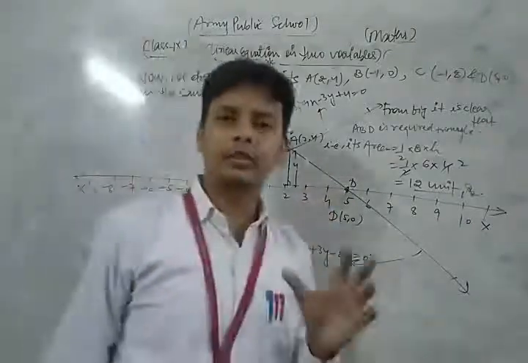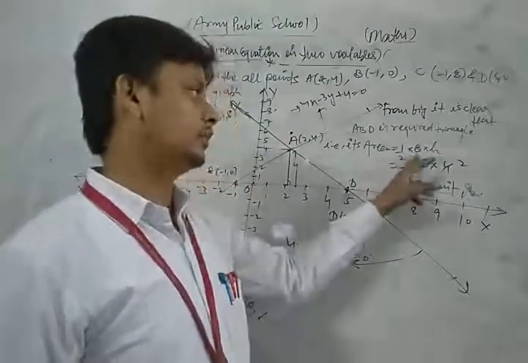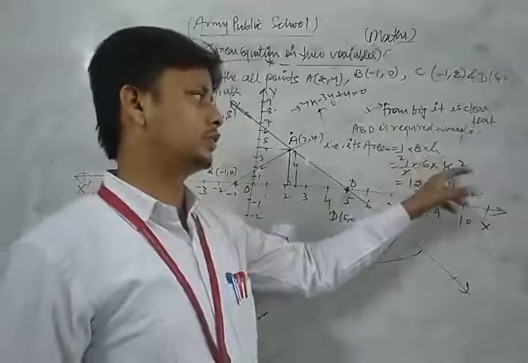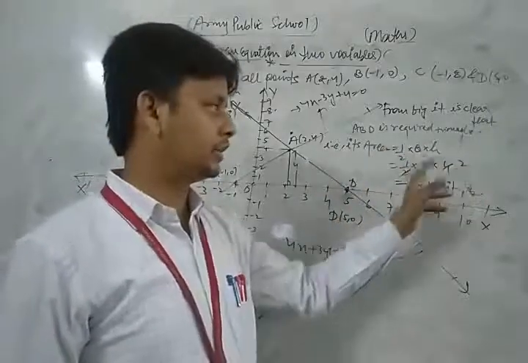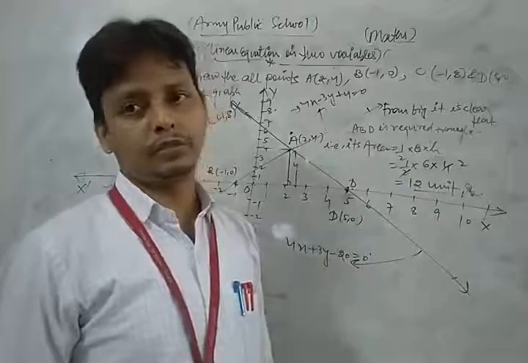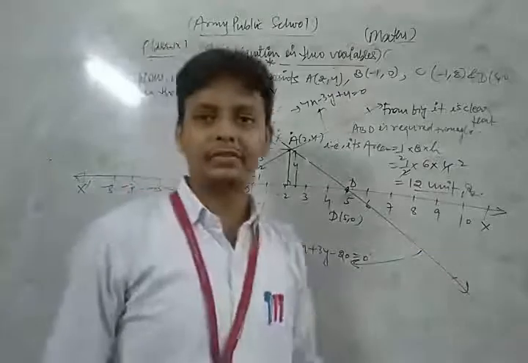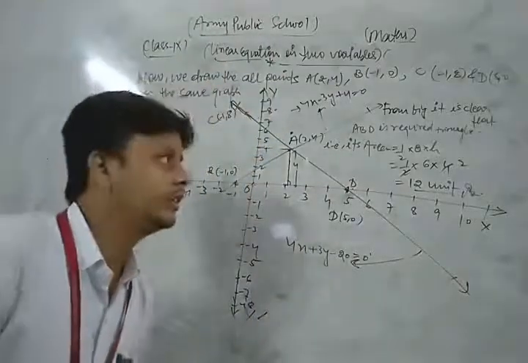So the area of the triangle is 1/2 base into height. 1/2 into 6 into 4 simplifies to 12 units. So in this way, this is the required solution of the given question.